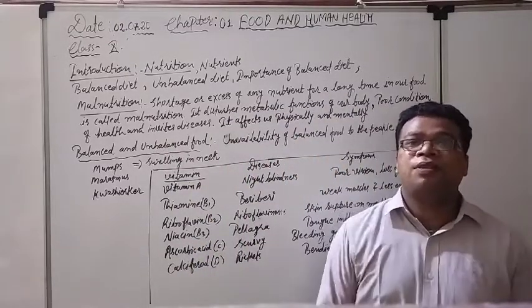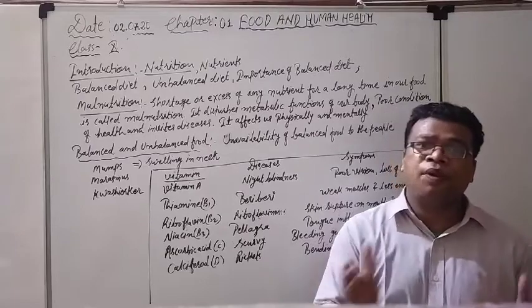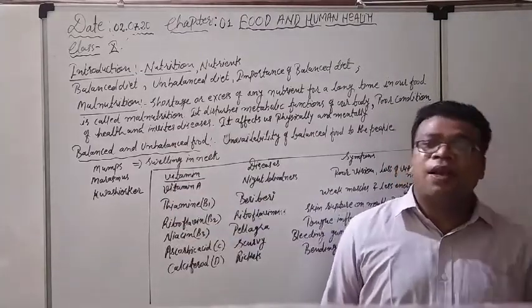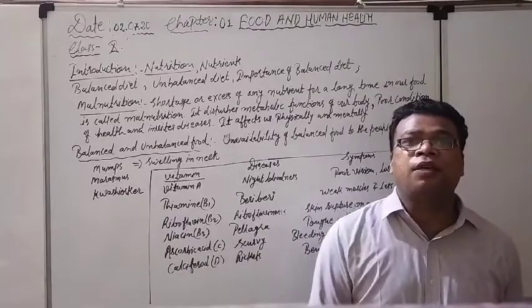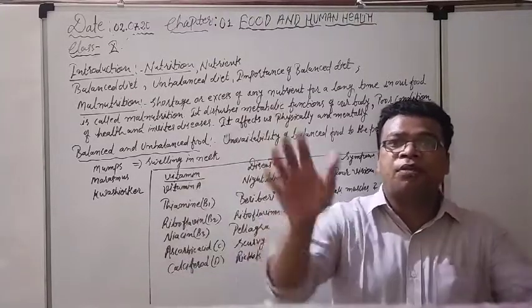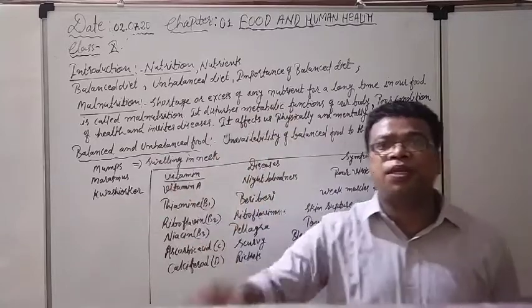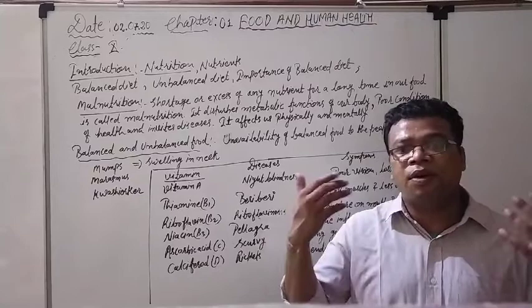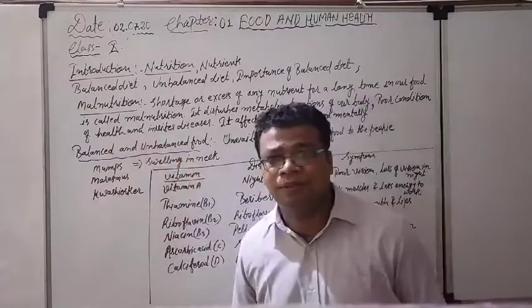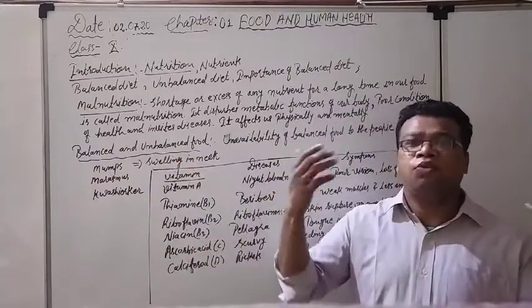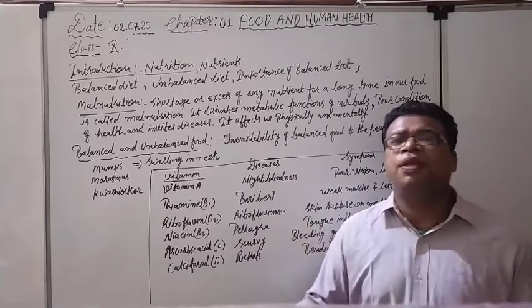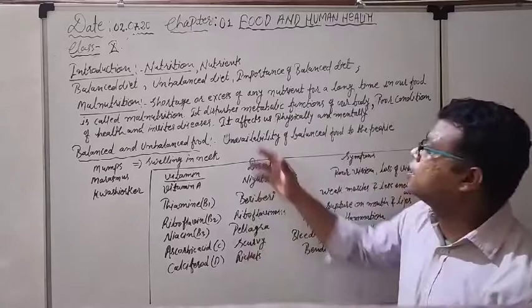Same thing is there. Suppose we are taking a balanced diet, so we will be free from different kinds of diseases and infections. And suppose we are taking the opposite, meaning malnutrition, some particular kind of nutrient is going to be absent in our food. So what will happen? We will see the opposite result, meaning we will suffer with bad health and so many kinds of diseases.